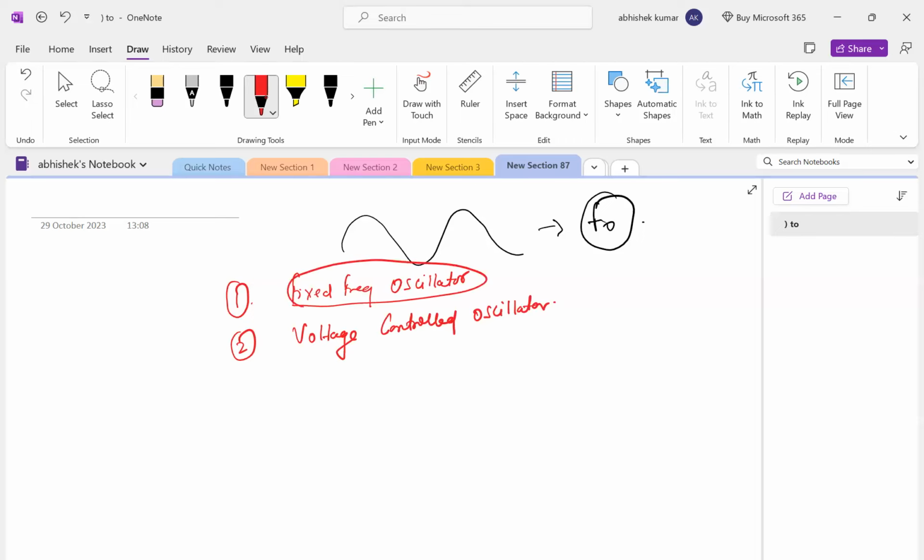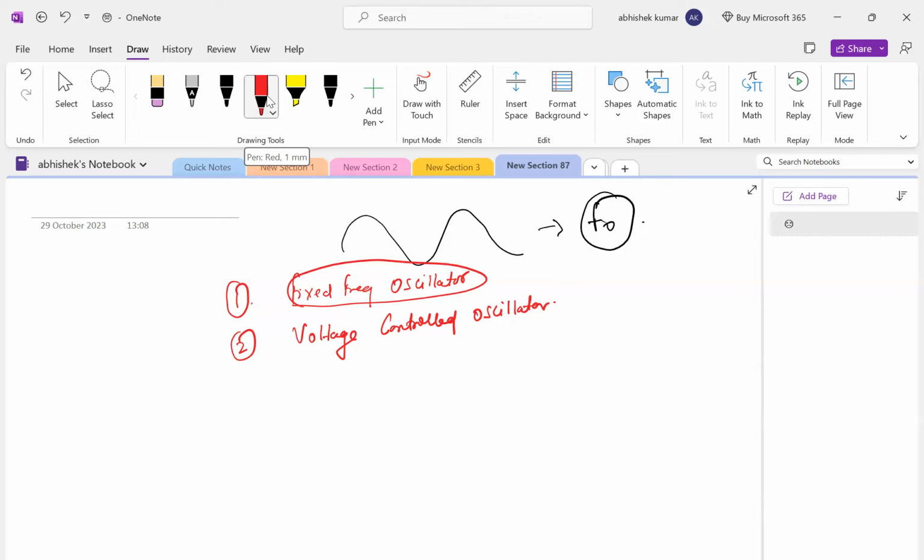But voltage controlled oscillators generate a different frequency depending upon the voltage applied to the oscillator. This is the voltage controlled oscillator and this is the fixed frequency oscillator.